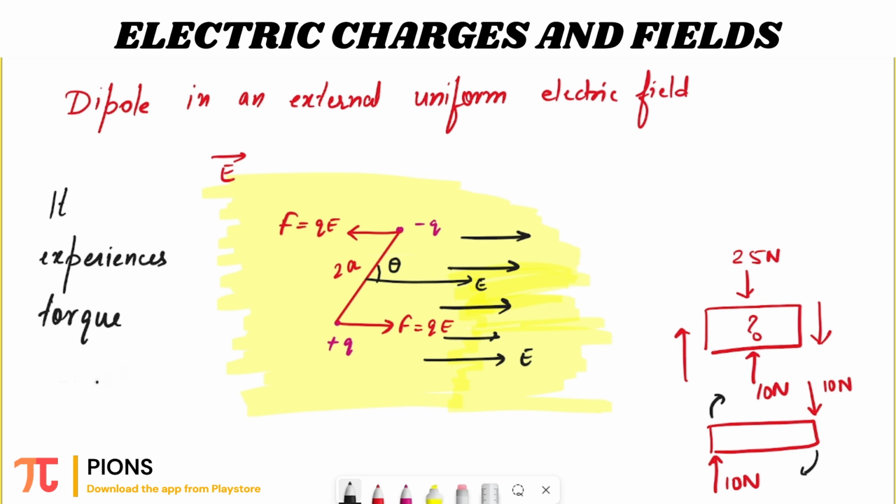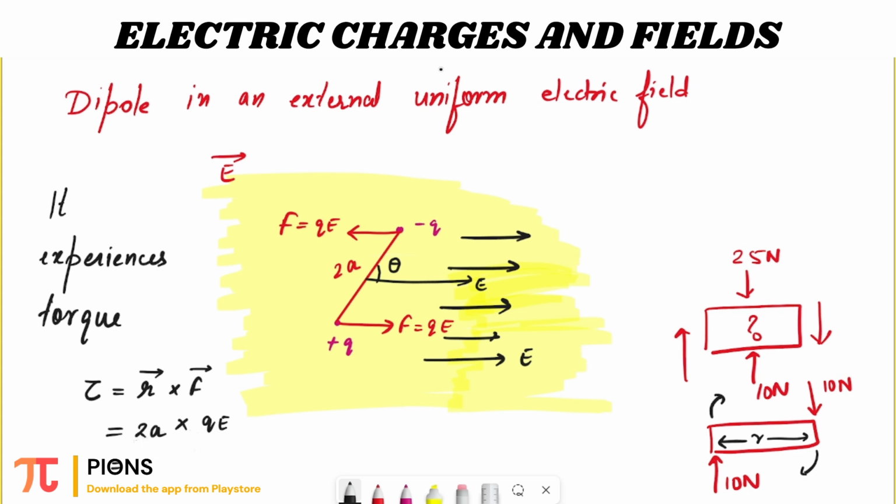And torque from 11th standard is nothing but torque tau, that will be equals to force into perpendicular distance, or more being specific, R cross F. Where R is the perpendicular distance, like if this is the length of the table, that will be R, and force is the magnitude which you are applying here. So in this case of dipole, R is nothing but 2A and F is nothing but QE. Any doubt in this part?